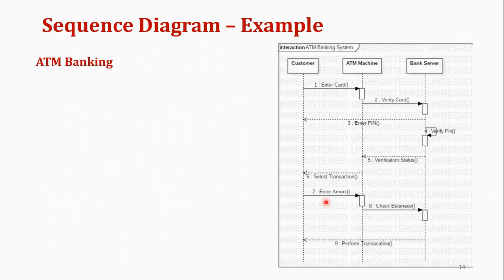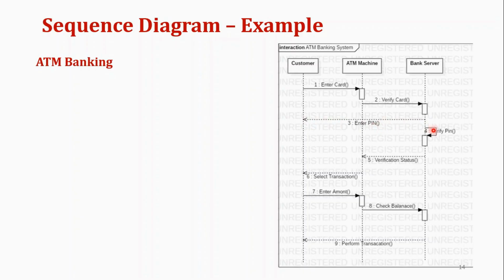Let us see an example sequence diagram for an ATM system. In this ATM system, some basic operations are included. For example, the customer inserts the card, and once the card is inserted, it creates a new lifeline and invokes the verify card message to the bank server, and thereafter it notifies the user to enter the PIN.